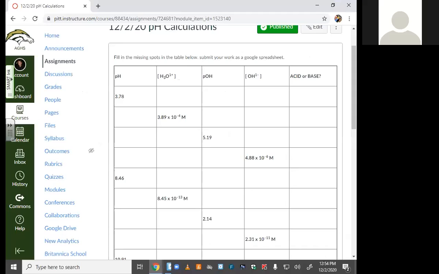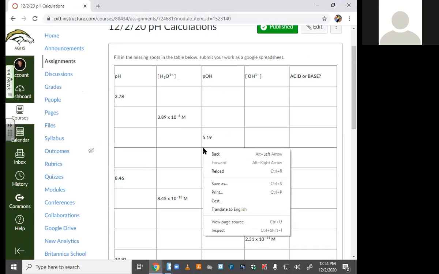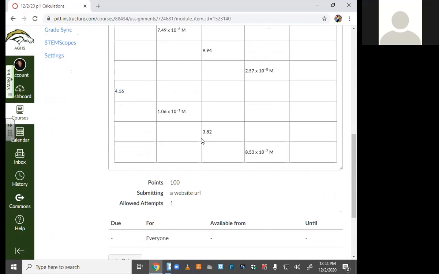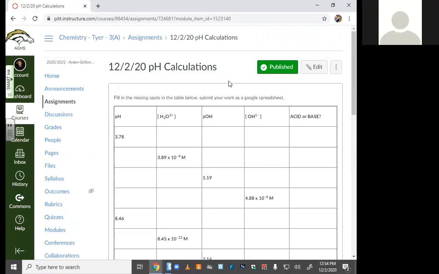Practice today is this big chart, and you can actually do it on Google spreadsheet. You can just copy it, put it on Google spreadsheet, and then put in things. Let's do it together so we can all work together here.